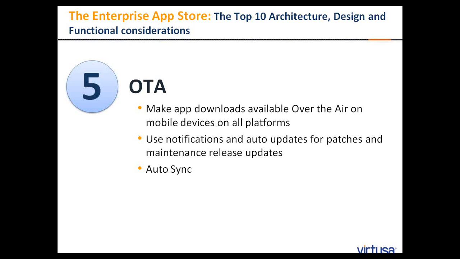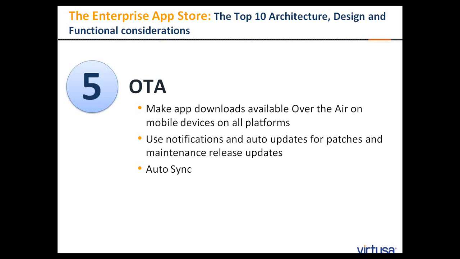You should make the application downloadable over the air on mobile devices and platforms, so a user does not have to connect their device to a desktop or a laptop or a MacBook to download or update their application. They should be able to download and update the applications over the air.